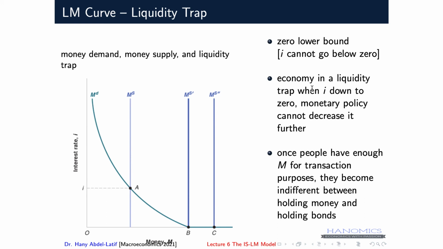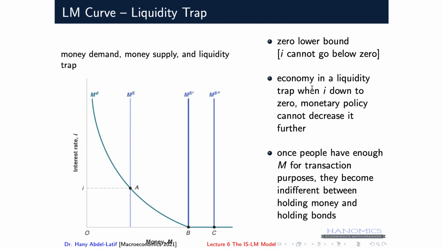Now let's say the economy is in a recession, and the government, or the monetary authority, or the central bank is considering an expansionary monetary policy through increasing money supply. So let's consider the case where the money supply is MS on this graph.